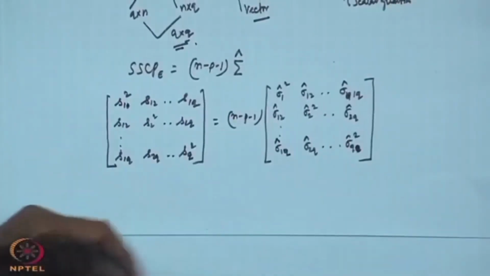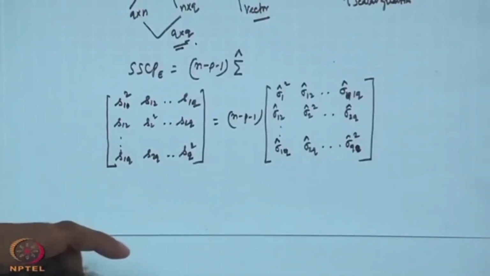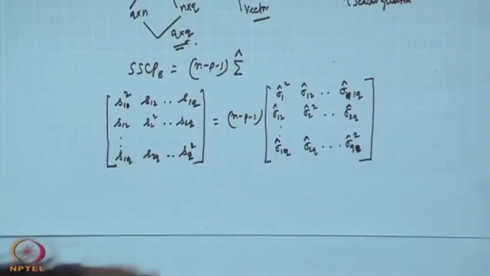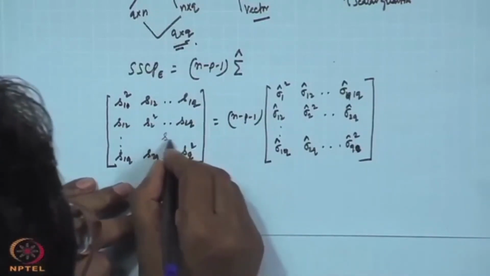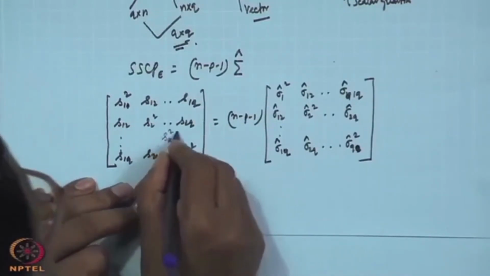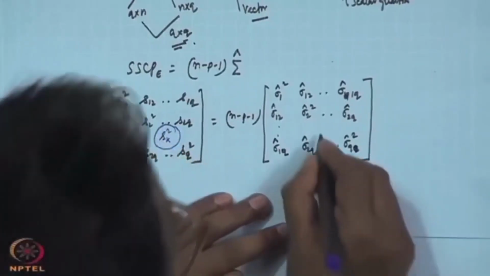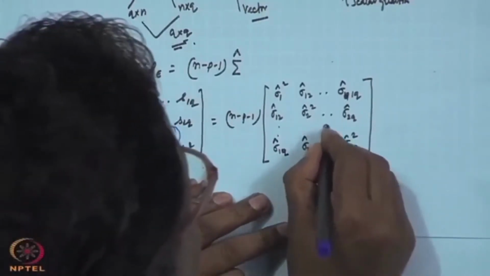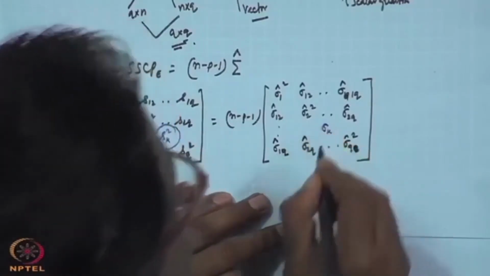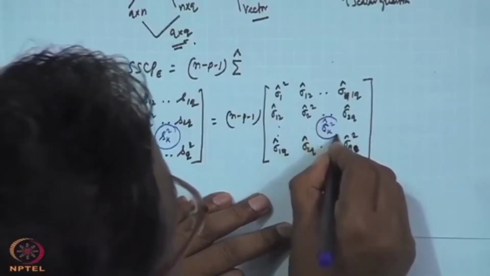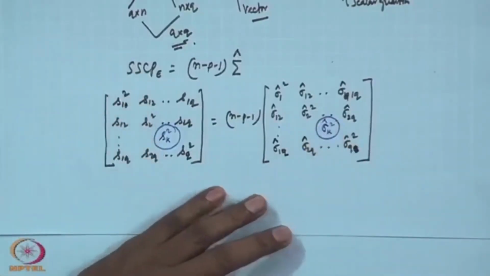So, if I take one value here, which is s k square for the kth dependent variable, then this corresponds to the population case, that is sigma k square, but we are estimating this one.